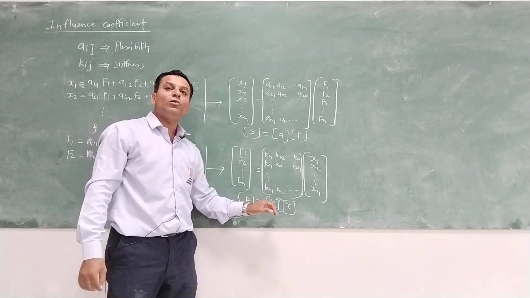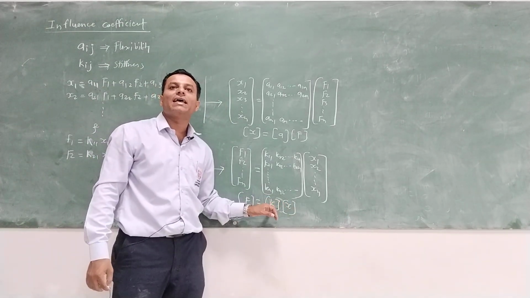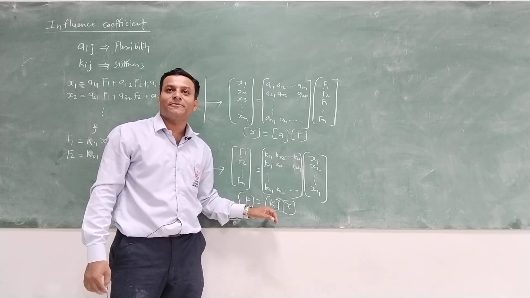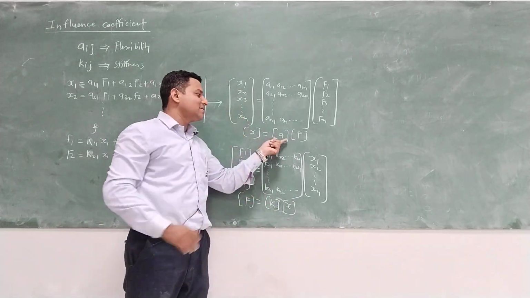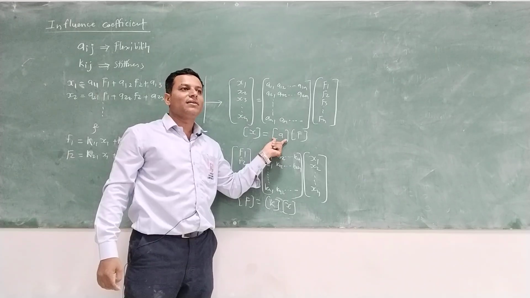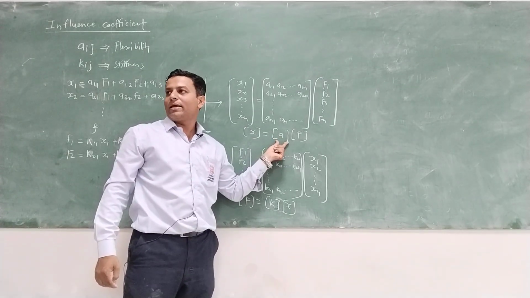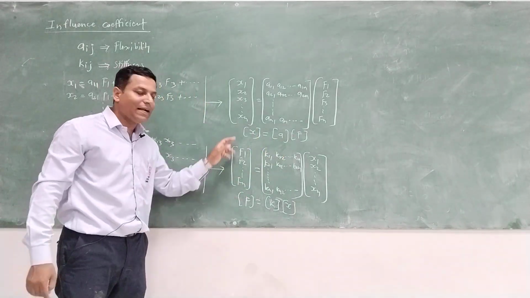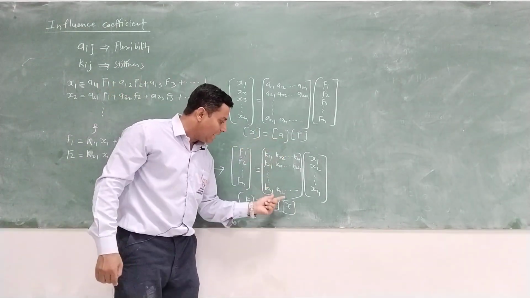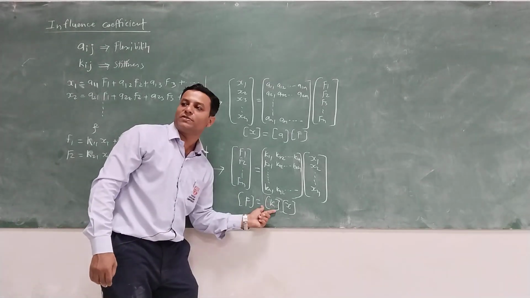So F is equal to KX, which is the stiffness influence coefficient. In reverse, x is equal to AF is the flexibility influence coefficient.